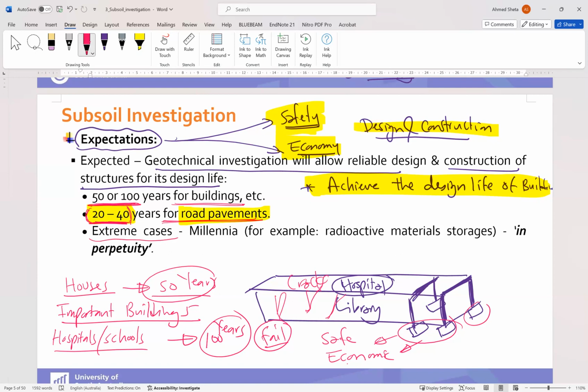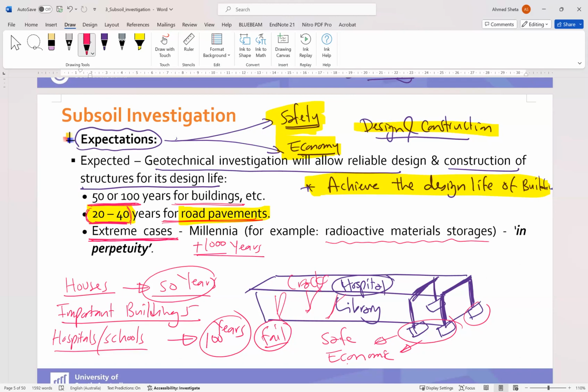But in some cases, which are very rare and extreme, we need to design the building to live for thousands of years, because it is a very dangerous building and we don't have the option to fail or crack. For example, radioactive materials storage or nuclear plants.